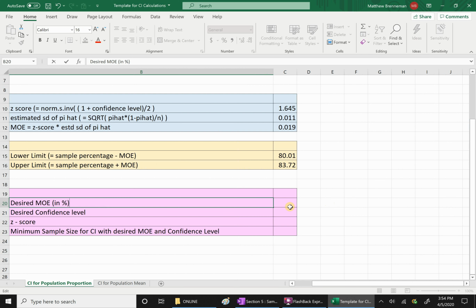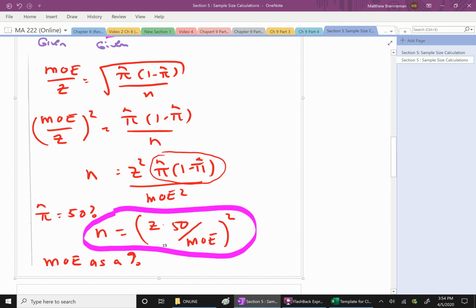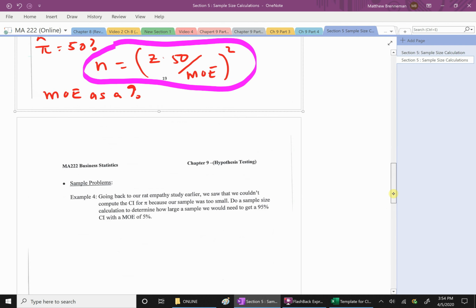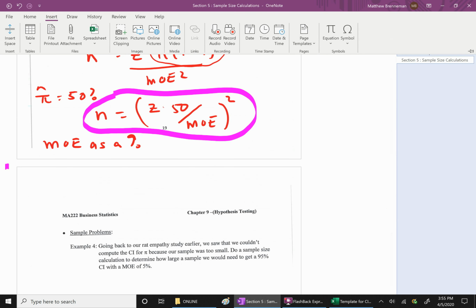So let's suppose, for example, we wanted to do a national poll. Let's just do a sample calculation. So here is an example. Suppose I want to compute what sample size I need to get a 95% confidence interval.